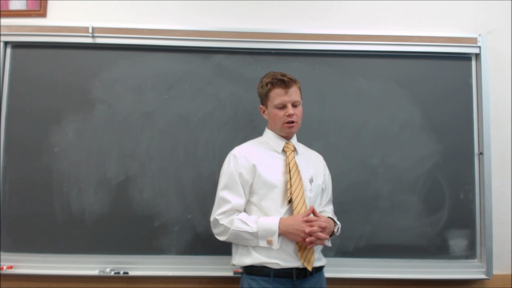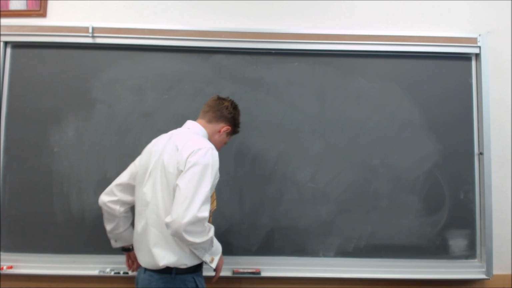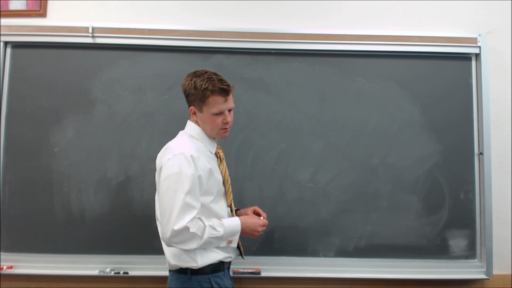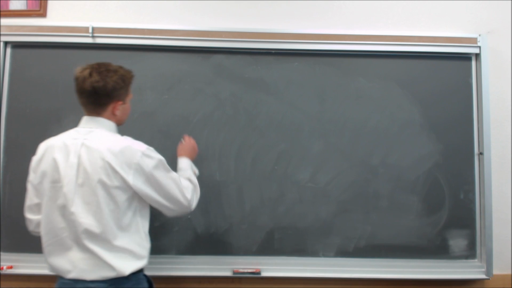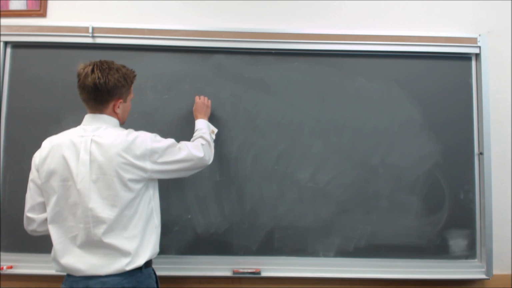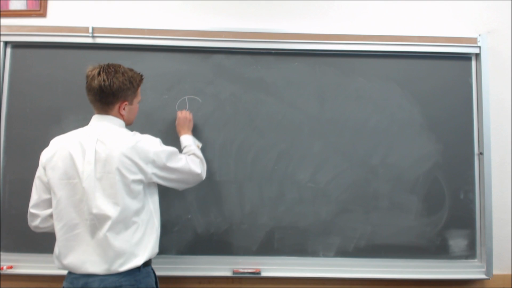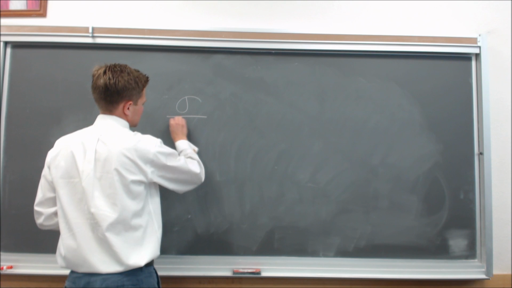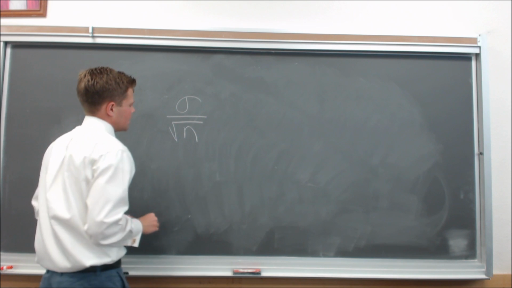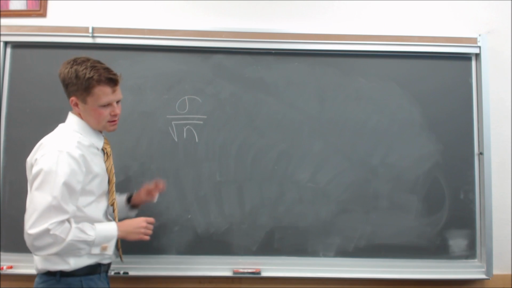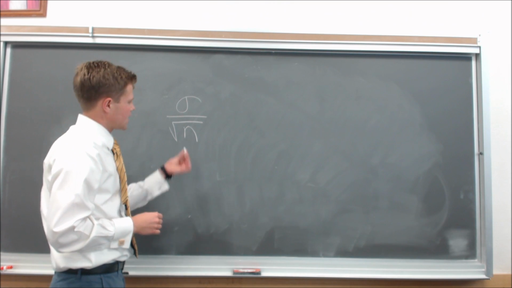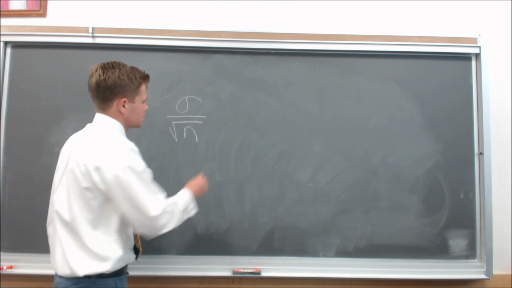And finally, what is the standard deviation of the sampling distribution of the sample mean scores for all such samples? Well, the equation for the standard deviation is sigma divided by the square root of n. And remember, sigma represents the standard deviation, and n represents the sample size.